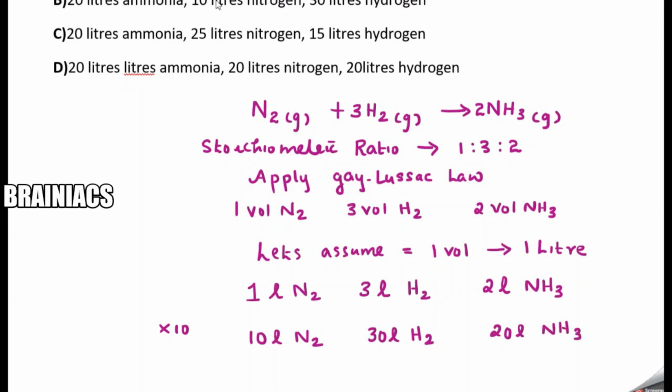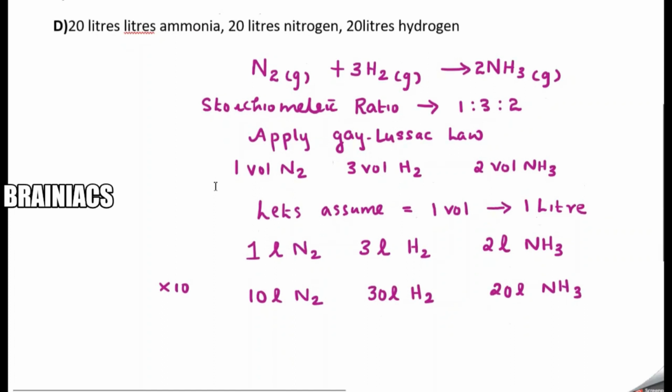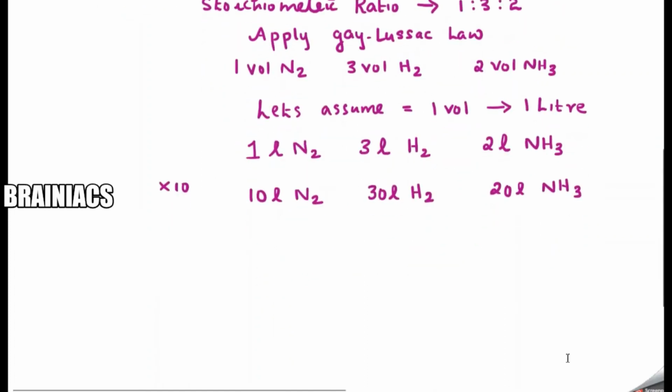The reason is that in the question, they have given 30 liters of nitrogen and 30 liters of hydrogen. So this is what is given to you.